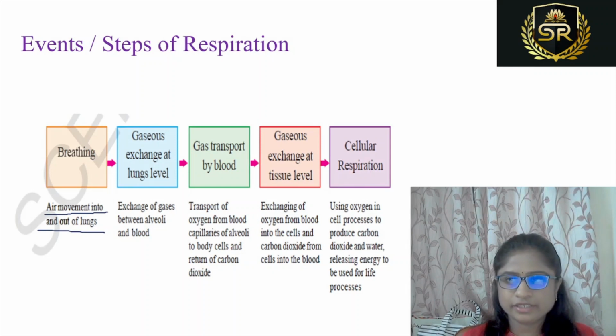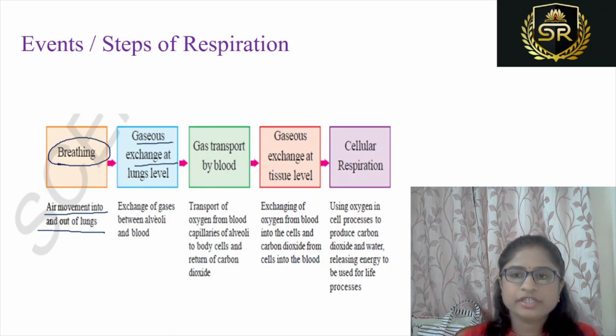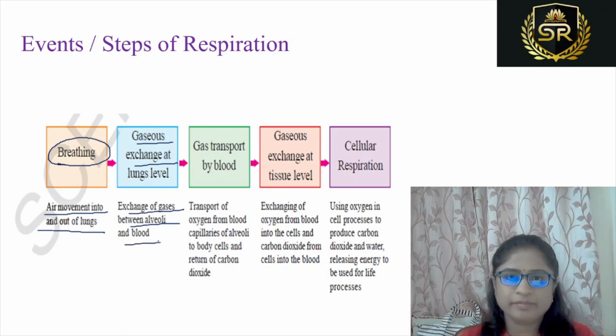Inhalation and exhalation, everything we call breathing. And at the lungs level there is gaseous exchange, that is exchange of gases between alveoli and blood. Oxygen is entering into the blood and carbon dioxide from the blood is coming into the alveoli and then coming out of the lungs.